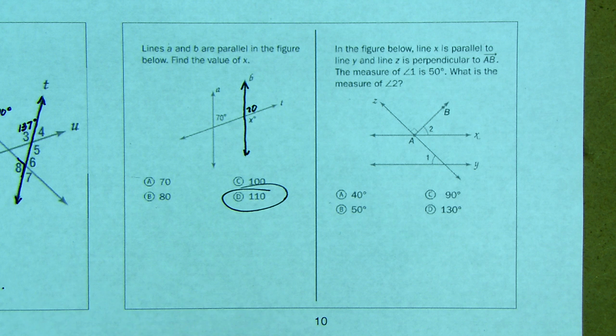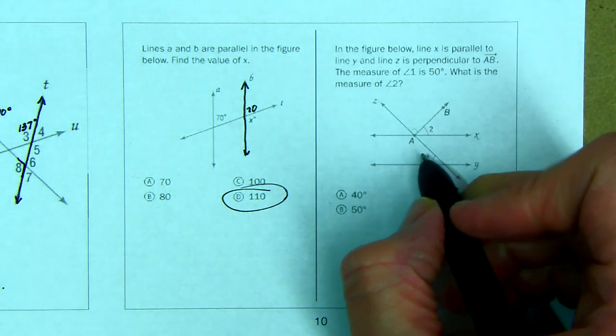All right. In the second one, line X is parallel to line Y, and line Z is perpendicular to AB. That's that 90-degree angle there. Okay, so if angle 1 is 50 degrees, what's the measure of 2?